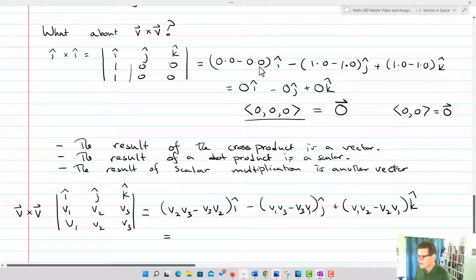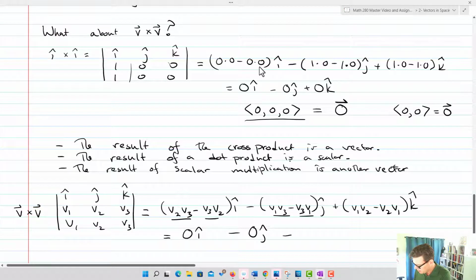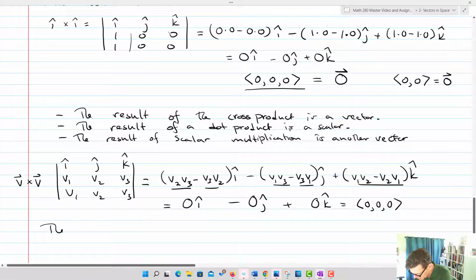And if you go through and do the math there, what you'll notice is that those terms are the same. So this is 0i minus, same thing, those two are the same, so 0j plus, same again, 0k. Which is the zero vector again. So the result of v cross v always equals the zero vector.